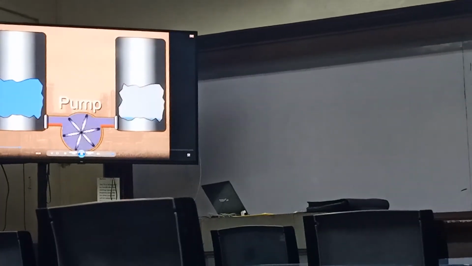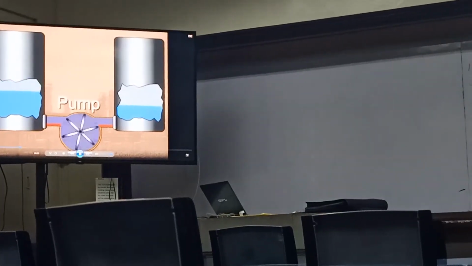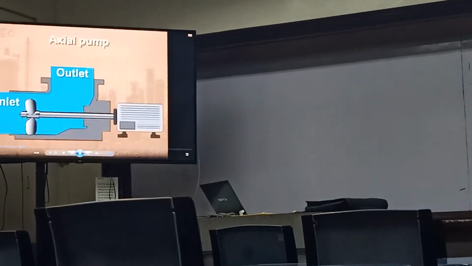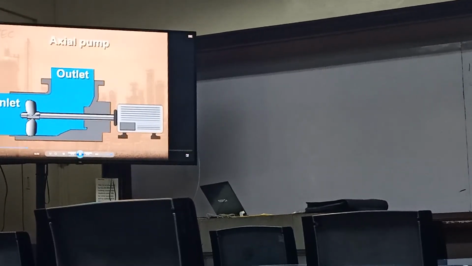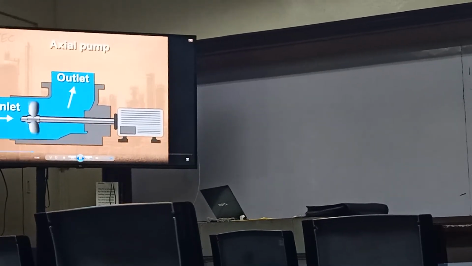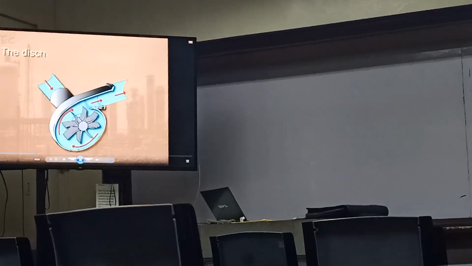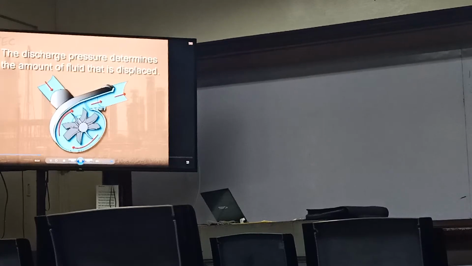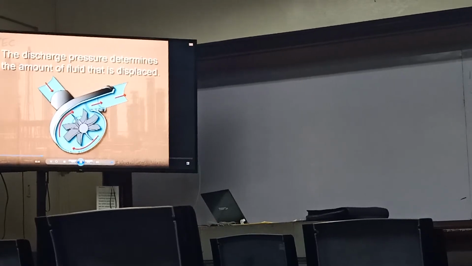A spinning impeller inside a casing propels liquid outward. Axial pumps utilize a similar motion, but the motor turns the propeller, forcing the water through on a straight line. In dynamic pumps, the discharge pressure determines the amount of fluid that is displaced.